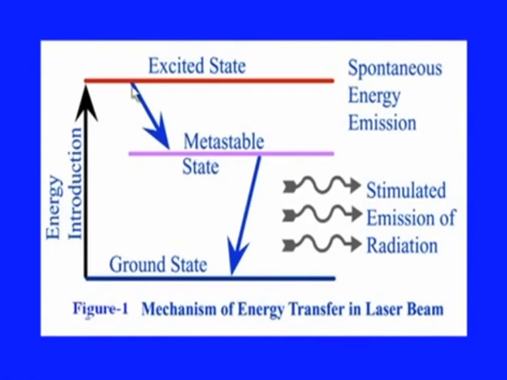But this state is unstable and it always tries to come down to the lower energy state, and therefore, they jump to the next energy level, which can be a metastable state, and then again to the ground state.